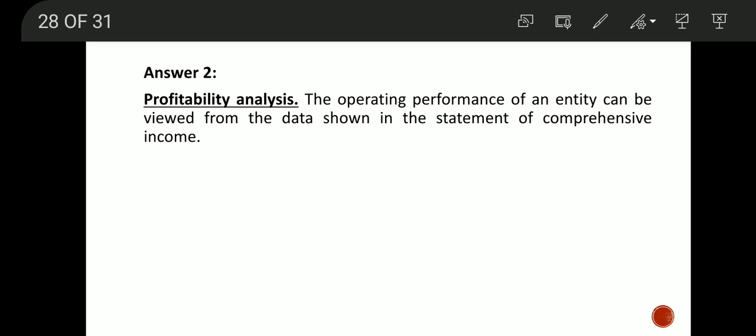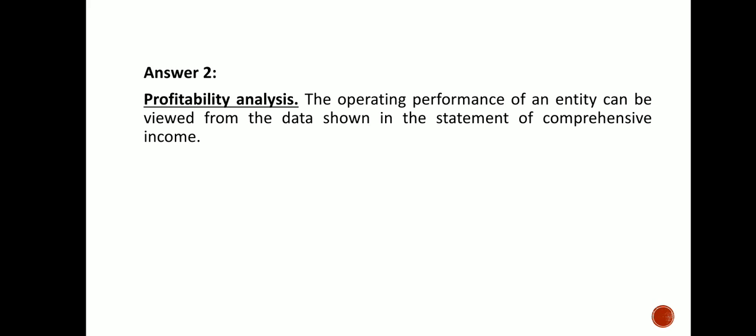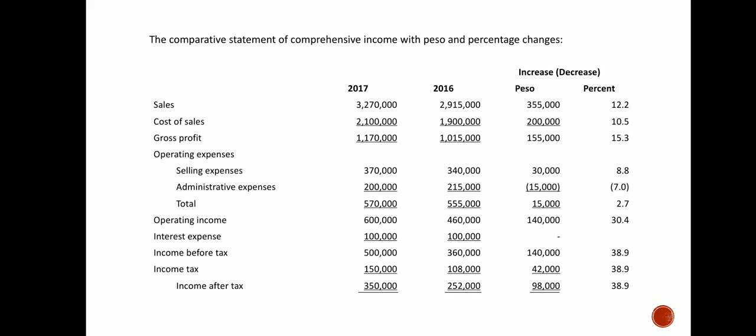So we'll now proceed to profitability analysis. The operating performance of an entity can be viewed from the data shown in the statement of comprehensive income. So when we're going to analyze profitability, what we will look at is the statement of comprehensive income.